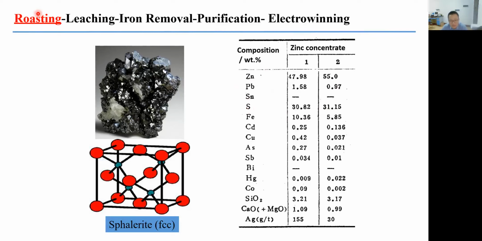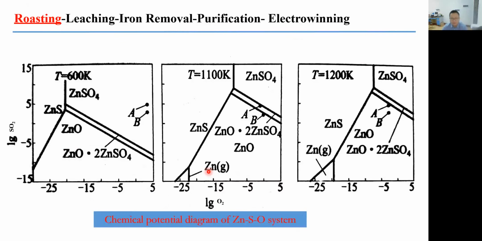And this process is designed for the separation of sulfur from the rest of the elements in this table. So what are the reactions happening, and what kind of equipment and chemical mechanism is in this process? And we will go one by one.